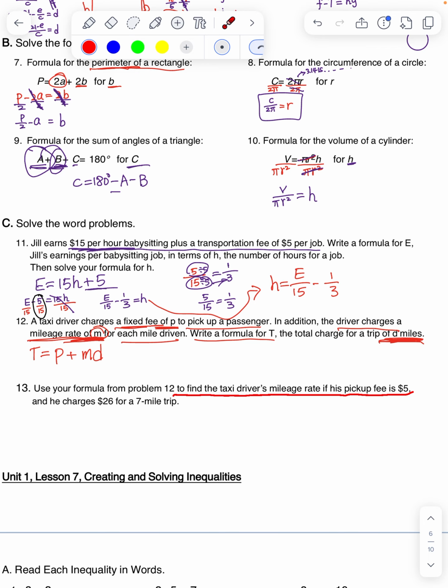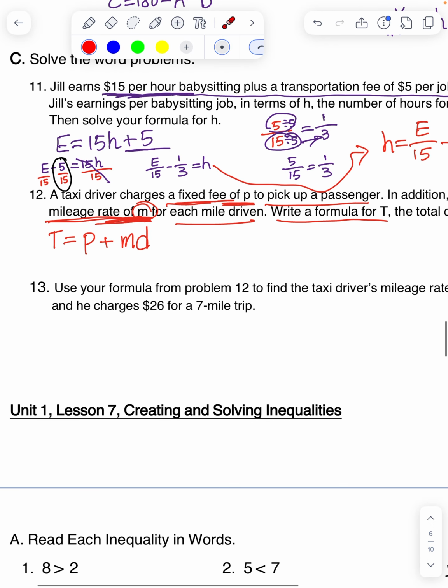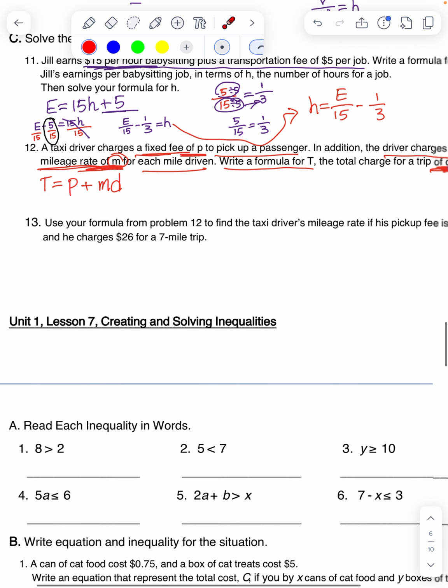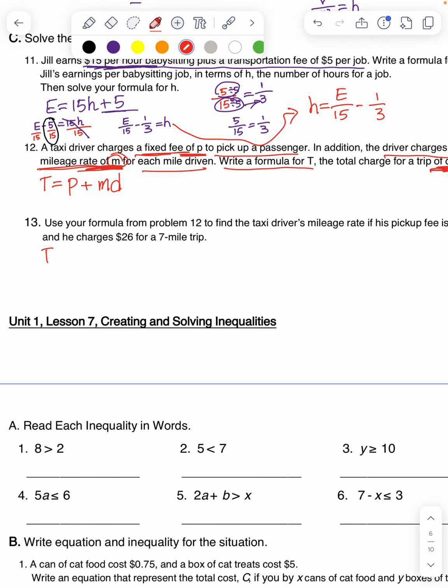Number 13, use your formula from problem 12 to find the taxi driver's mileage rate if his pickup fee is 5, and then he charges 26 for a 7-mile trip. Again, the formula is T equals P plus M times D, right?